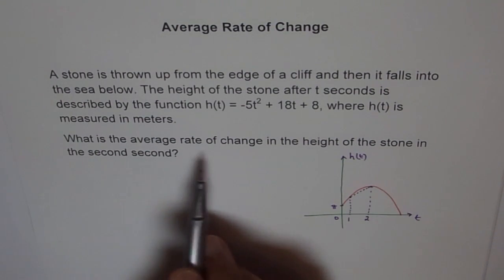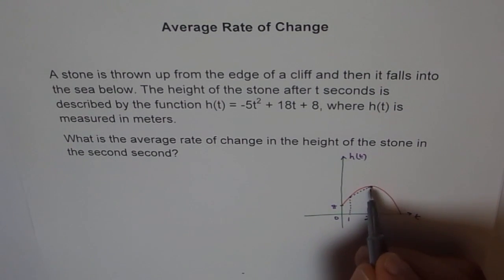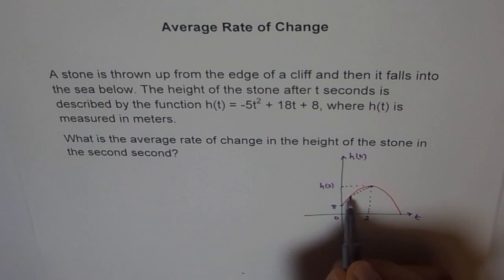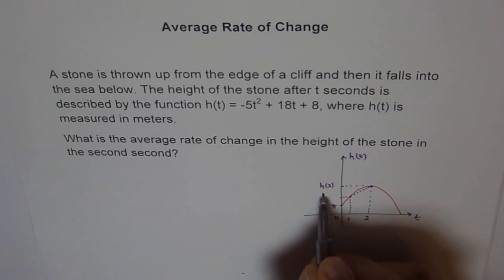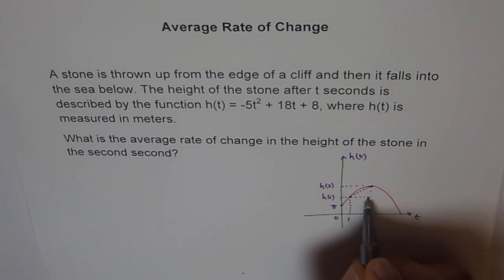Now to find the average rate of change in height of the stone in second, we need to find this height, which is h of 2, and then this height, which is h of 1. Once we know these two heights, the rate of change is rise over run. That means h of 2 minus h of 1 divided by 2 minus 1.